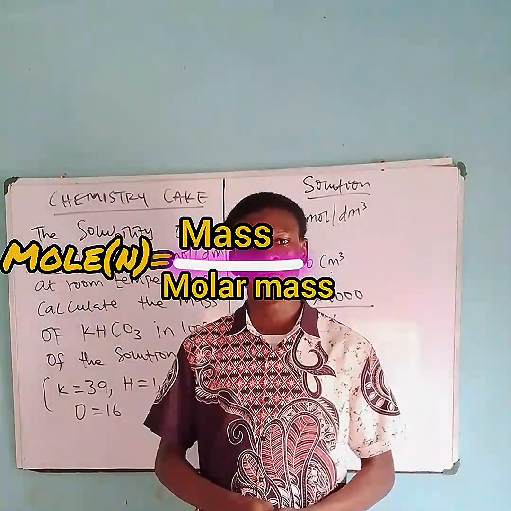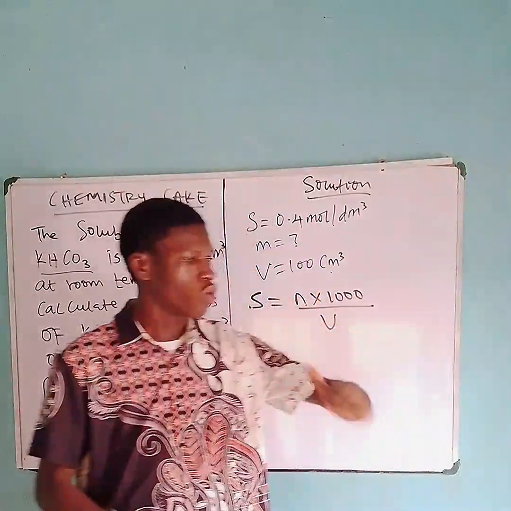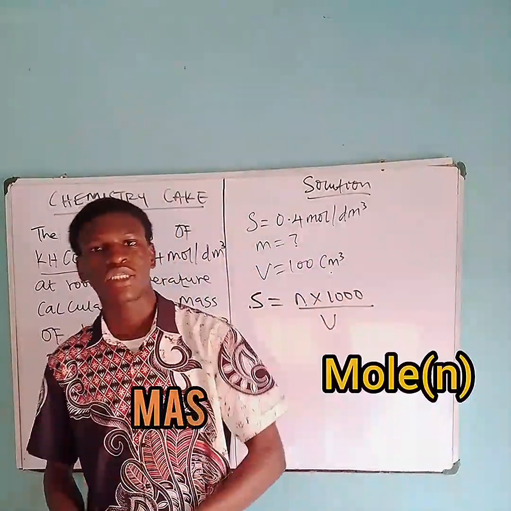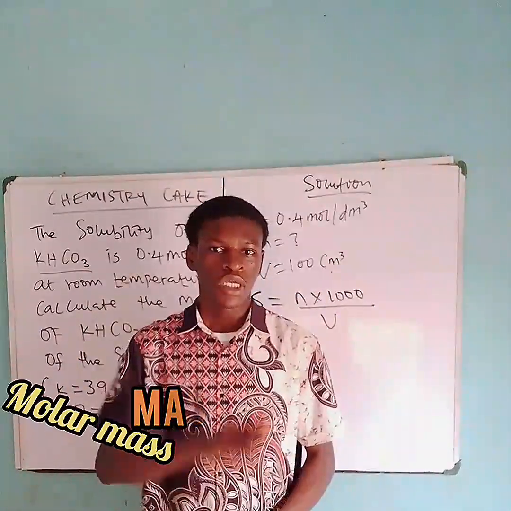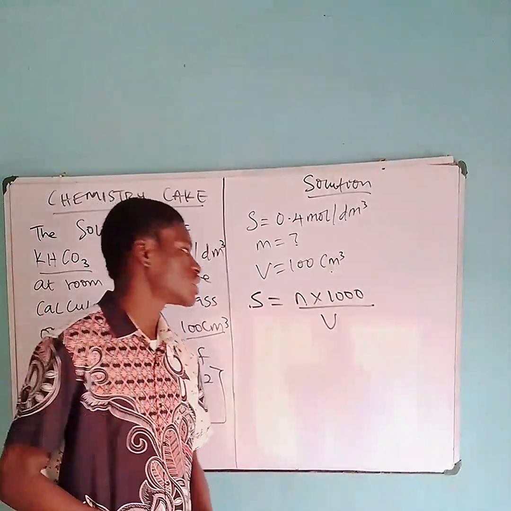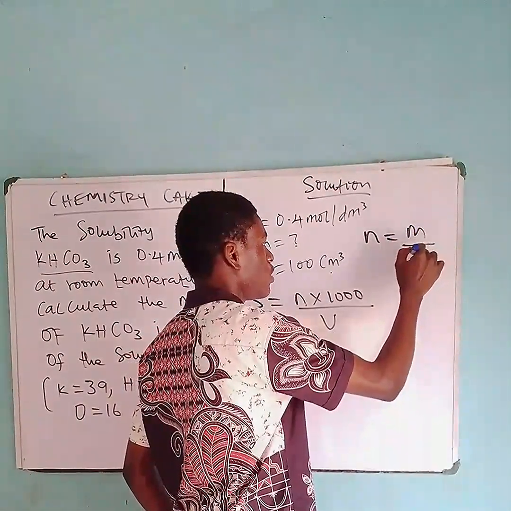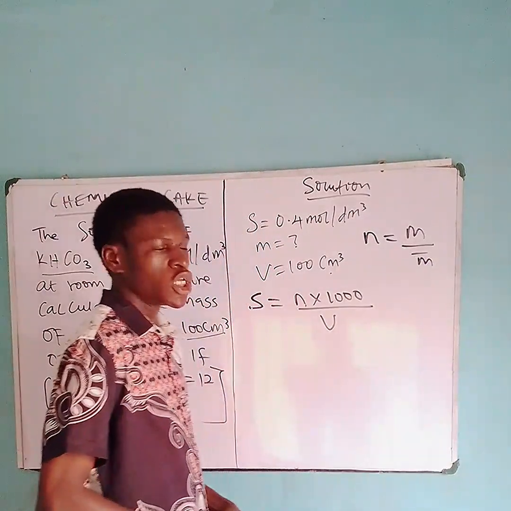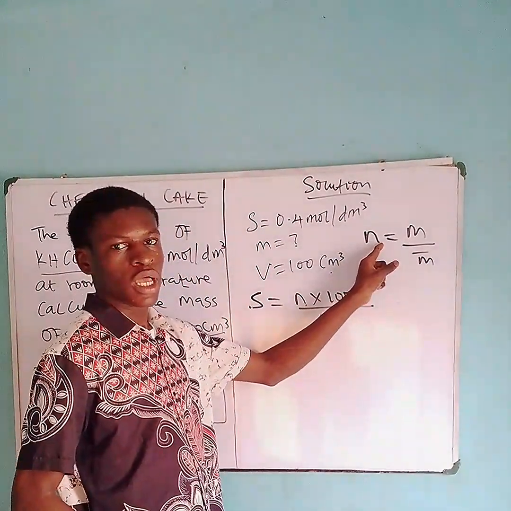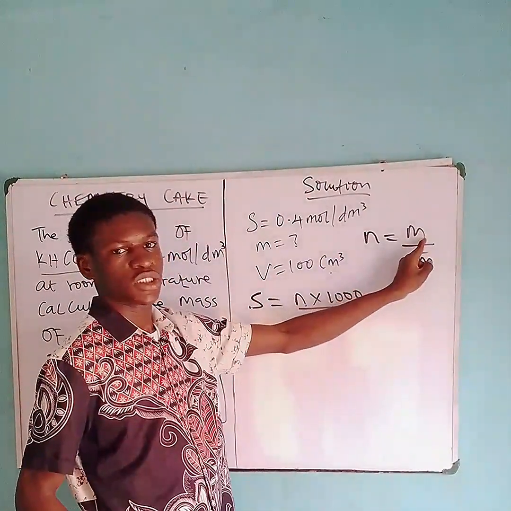That's the relationship between the mole, the mass, and the molar mass. So if I take note of that, I know that mole is equal to mass divided by molar mass. So if I can find the mole, I can then find the mass.